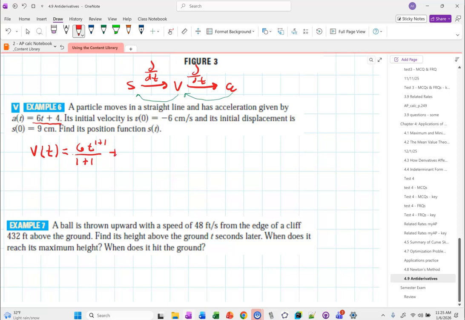And what's the antiderivative of 4? Well, 4t in this case, right? Because we have a of t. t is the name of our variable, so be careful with that. And then we also need a plus c. And now, let's go ahead and simplify this real quick. And now let's solve for the c.